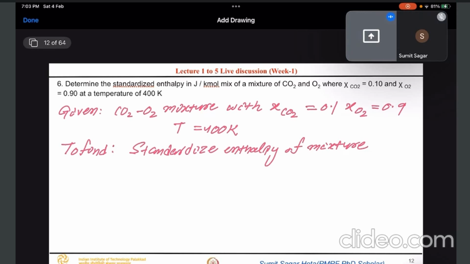Now we have to make some assumptions, like ideal gas behavior. This is an important assumption in mostly all the problems. And how I am writing, you should also know how you should approach one problem.